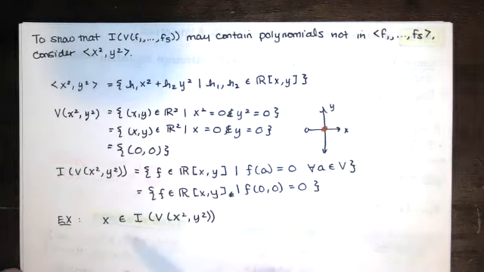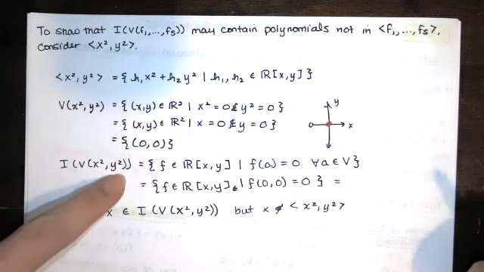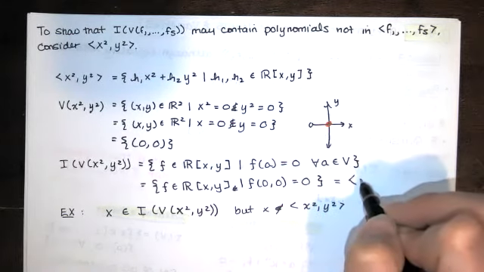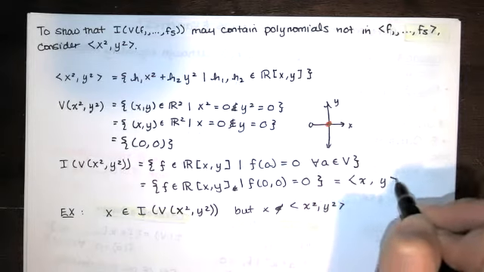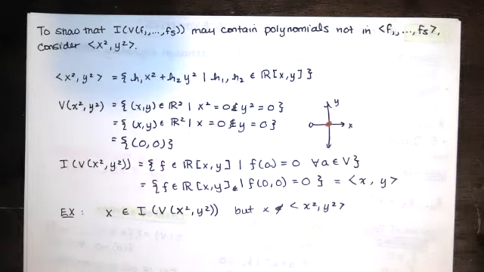And I think you can see the problem. It's because this is squared. x squared belongs to this, but x doesn't. It turns out that the ideal of the variety defined by the functions x squared and y squared is actually equal to the ideal generated by the polynomials x and y.